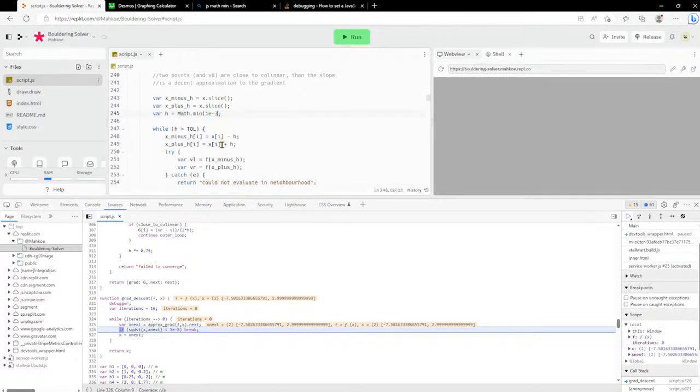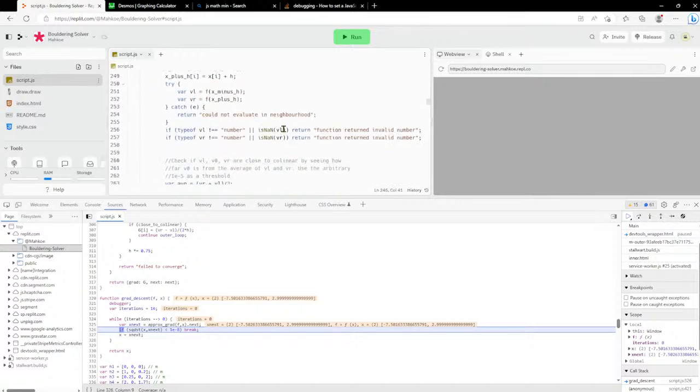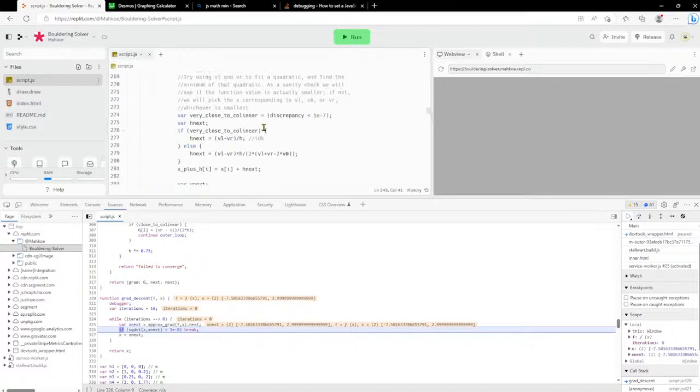Math.min of 1e minus 3, or x times x of I, math.abs. Actually, do I care about the abs? I don't think I do.